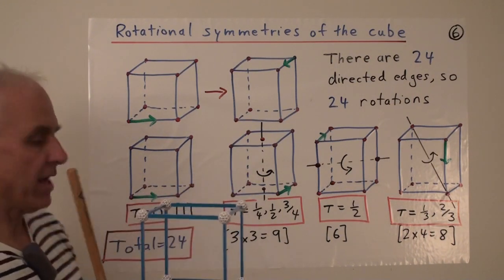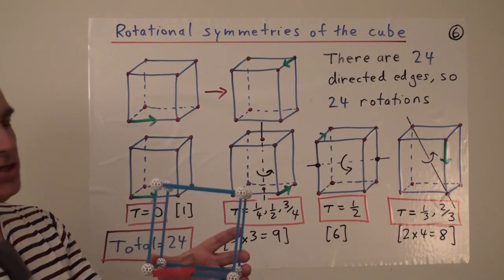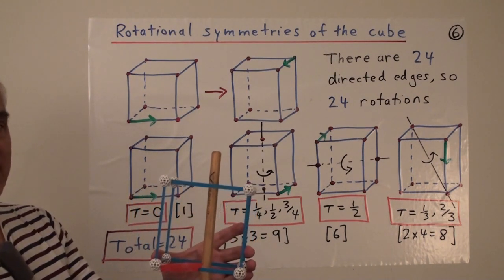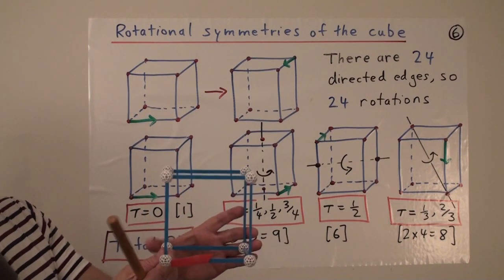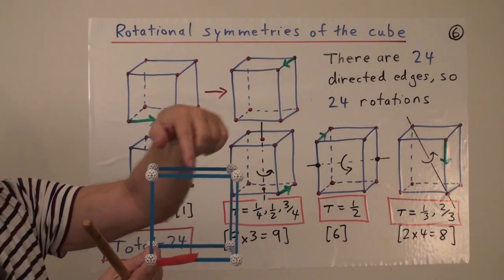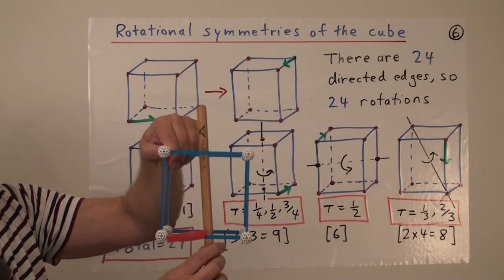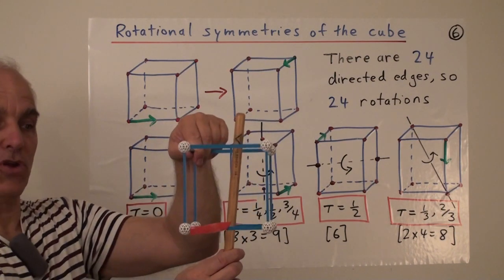Now let's have a look at some rotations which are determined by opposite faces. For example, if I take the center of the bottom face and the center of the top face and join those two with an axis, I get an axis of symmetry of the cube.